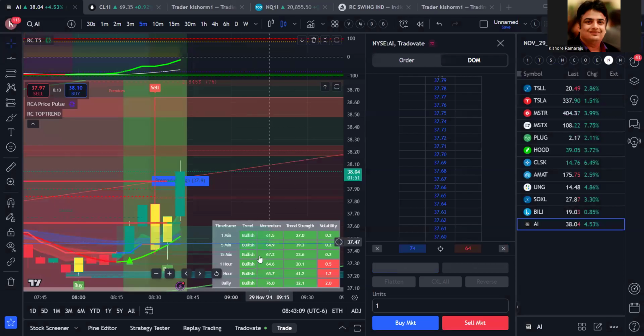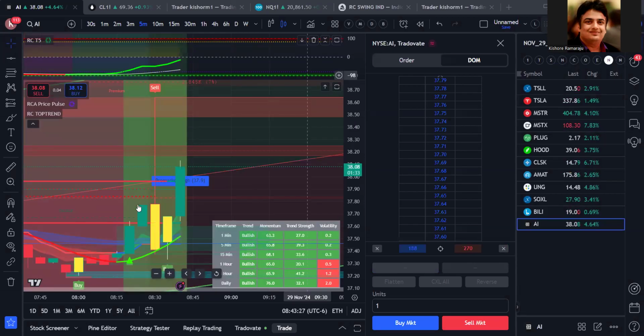So again, as I told you, this is completely green, this is green, this is green. That means very good for calls. If this is green but this is red, it is for bull puts. If this is red, this is red, this is green, good for puts. So again, you see one by one.